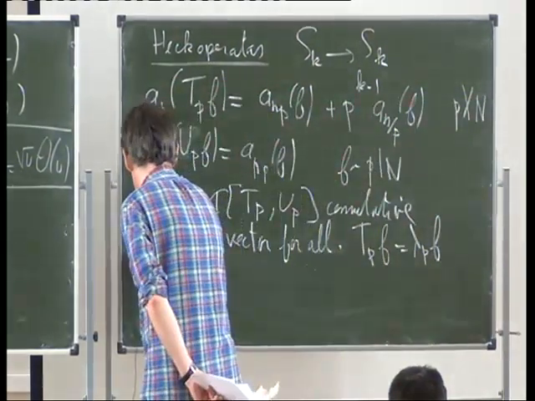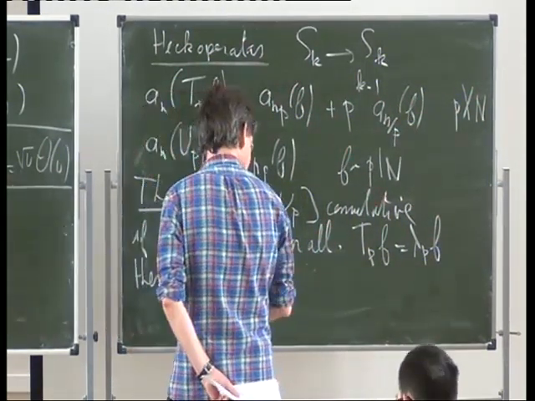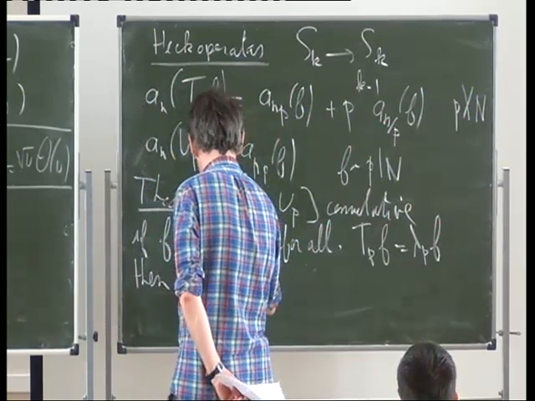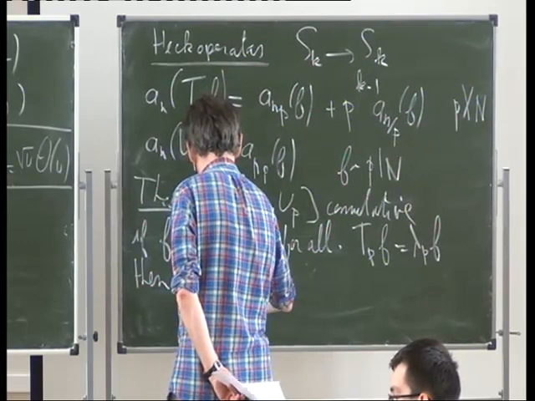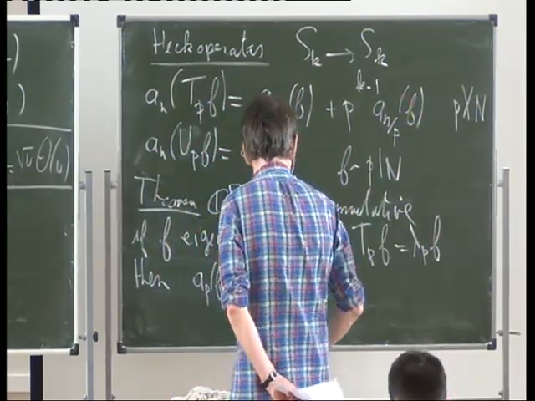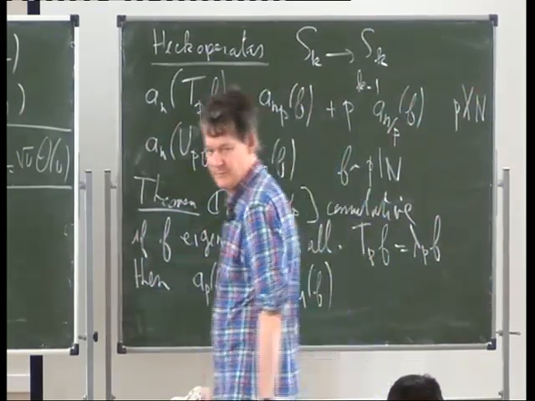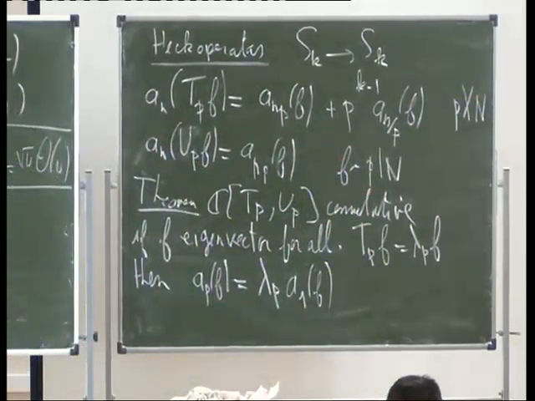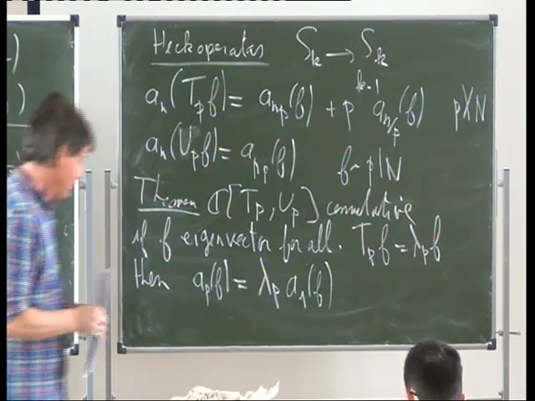Then, first of all, the coefficients a_p of f are equal to lambda_p multiplied by a_1 of f. Again, that is an easy computation that I don't do.